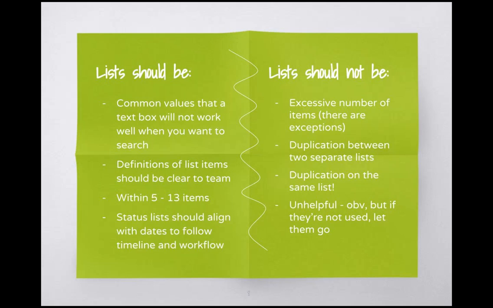You can certainly also have duplication on the same list, so be mindful of that. It makes sense to check on your list periodically and do a review, just like you would clean out your closet or anything else, taking inventory of what's going on here.